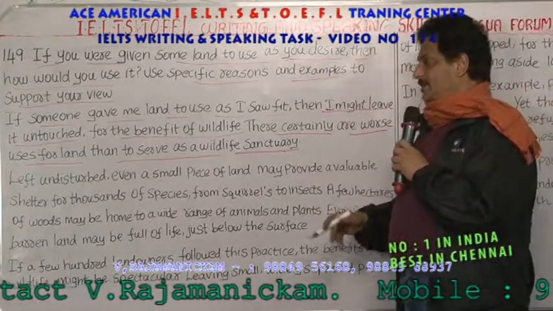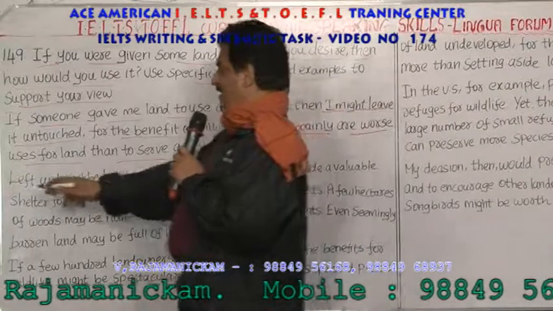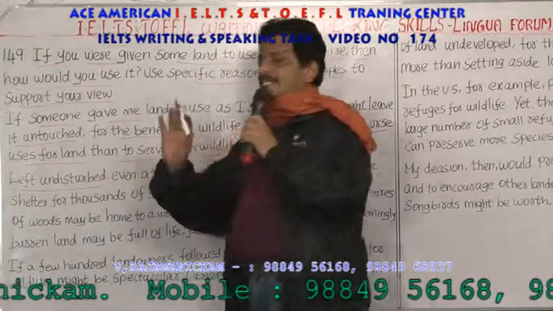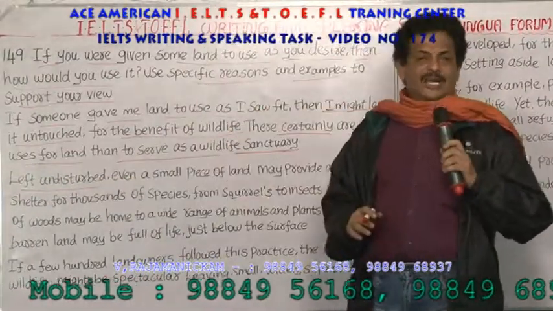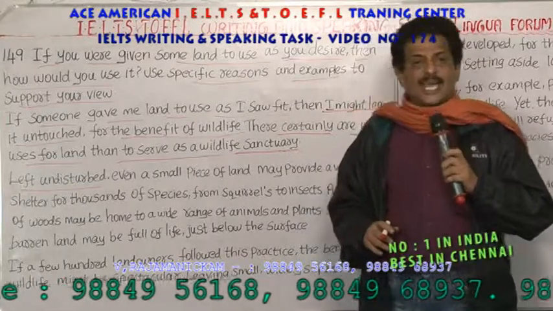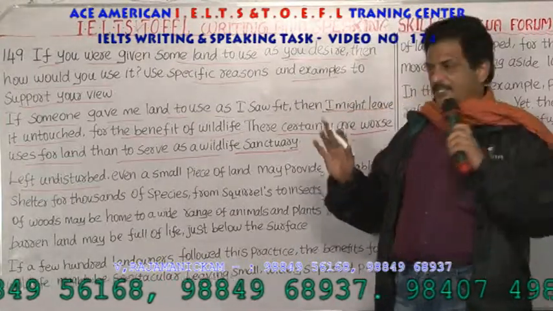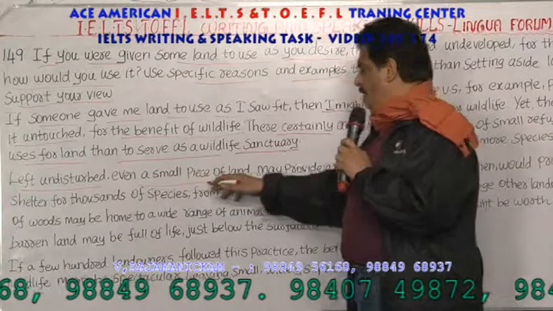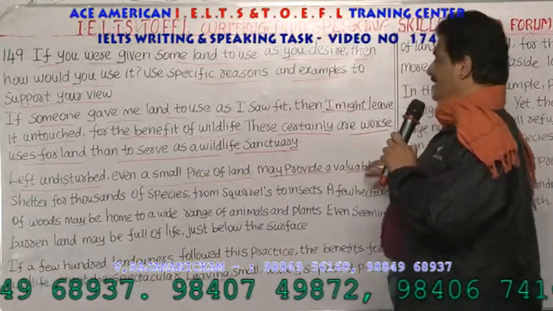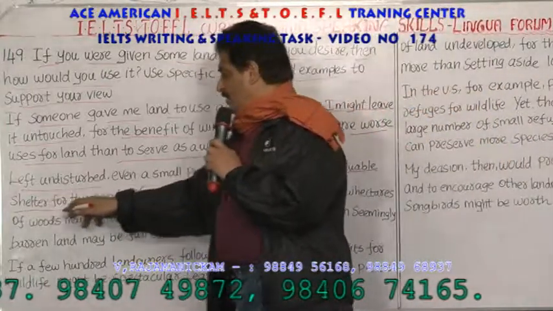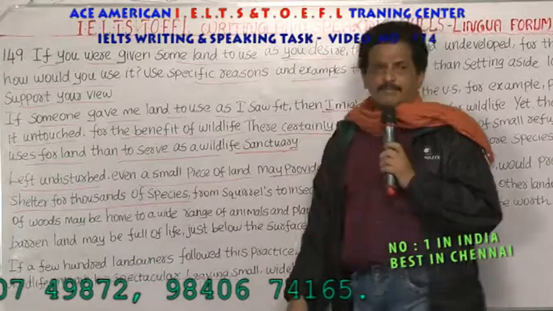Coming to the next paragraph, left undisturbed, he says nothing, no agricultural activities, no industrial activities, left undisturbed. Even a small piece of land may provide a valuable shelter for thousands of species.